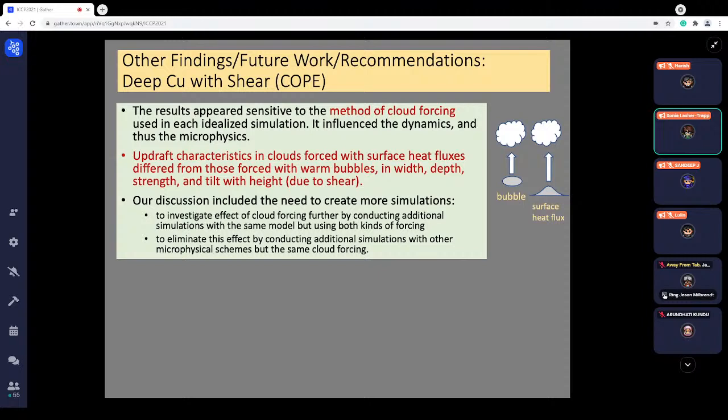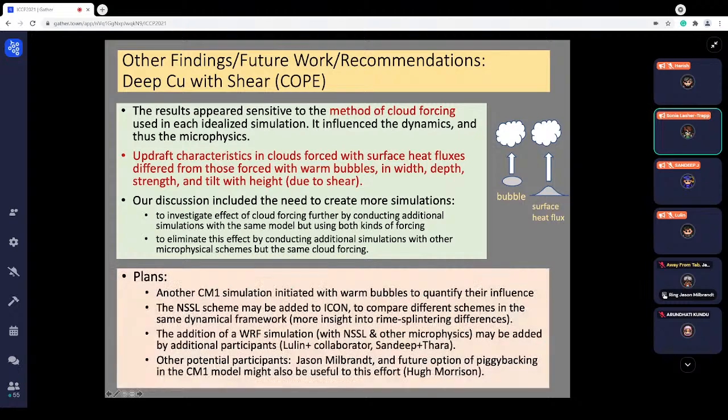We decided that would be an interesting result to continue to explore together as well. But to do so properly, we would need to create some more simulations with the same model, but using both kinds of forcing, and then also using the same model with one kind of cloud forcing, and having the additional microphysical schemes to look at as a secondary factor. So this feeds into our plans.